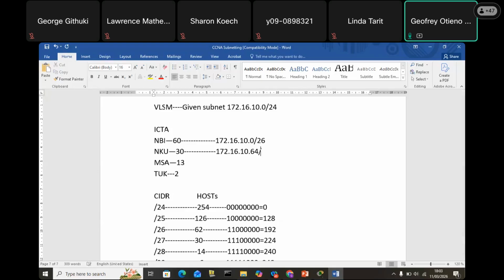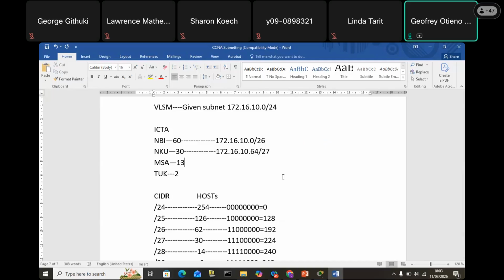So we have 27 there. The block size, this prefix helps you determine the next subnet. So this is actually 27, and 27 will help you to get the next subnet.